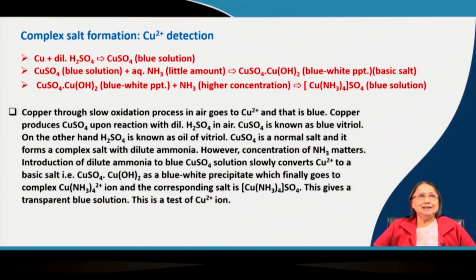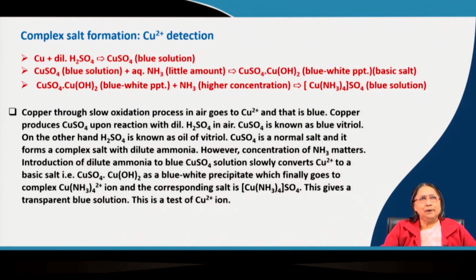The first one is the copper detection. You know that almost all metals are white in color, but copper is brownish in color, and gold is yellow.